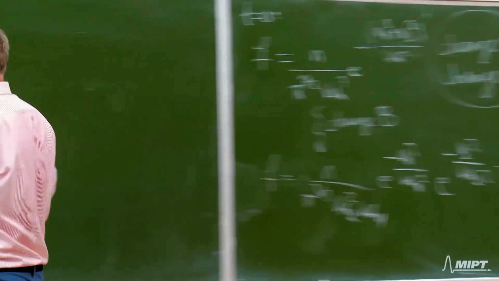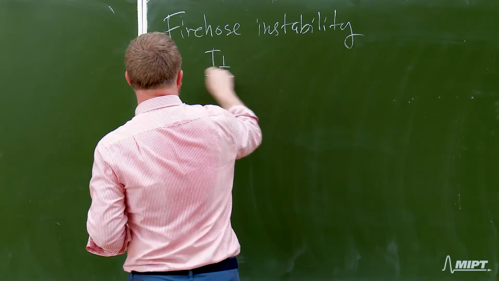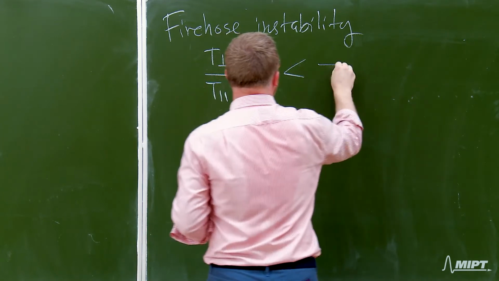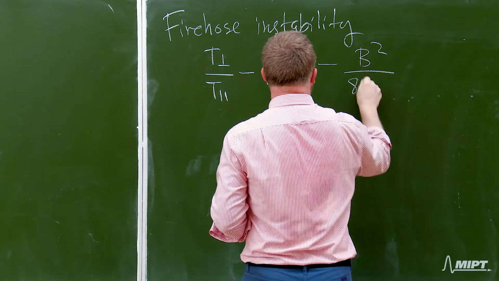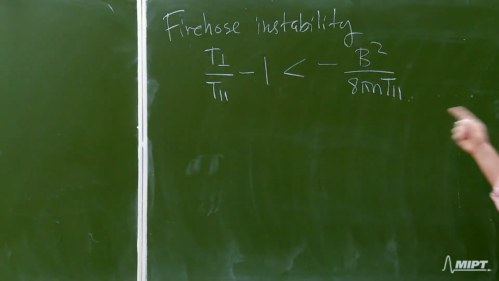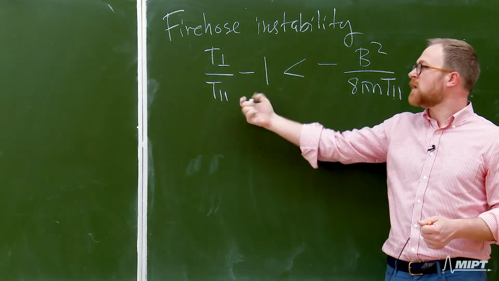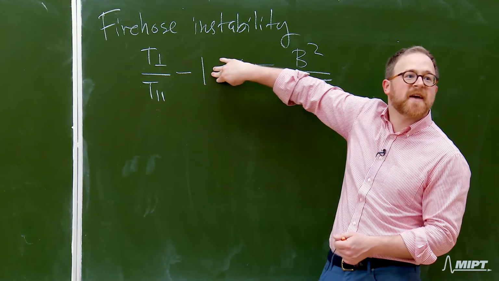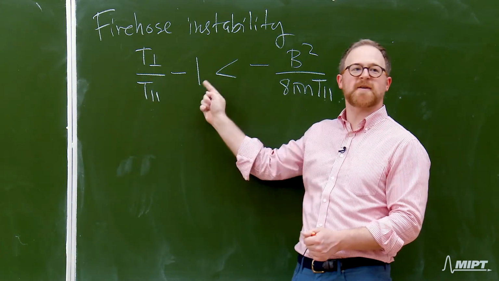And if you have that, and you have something like this. So if the difference in these two temperatures, so in an isotropic Maxwellian, that left-hand side is 0, right? It's isotropic. So this is 1, minus 1 is 0.